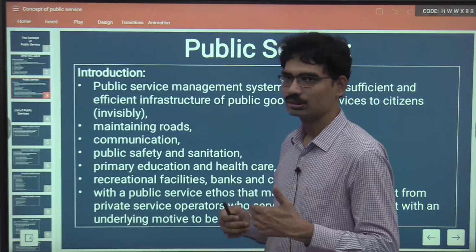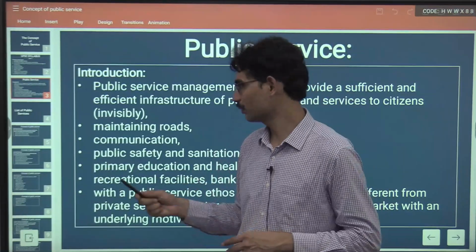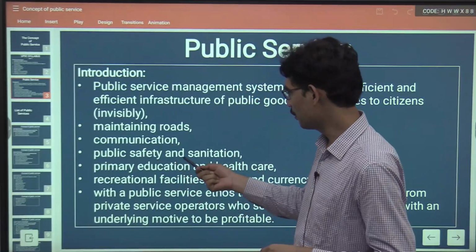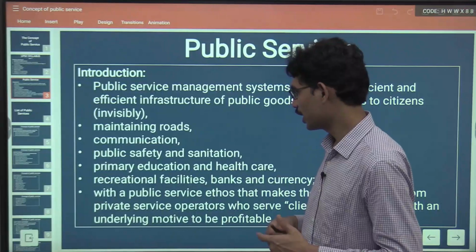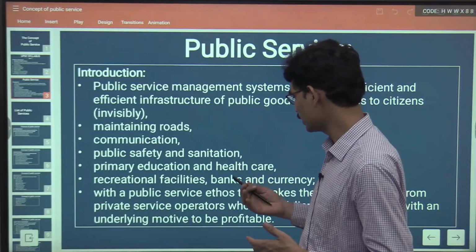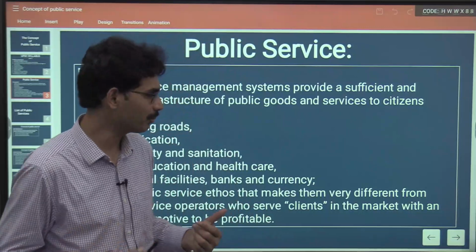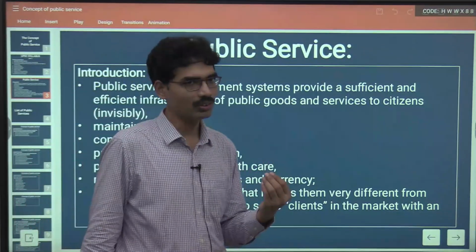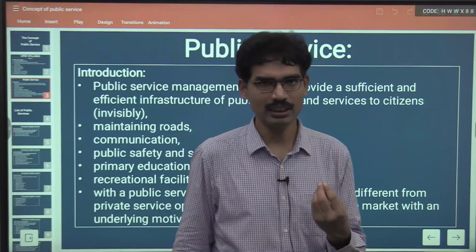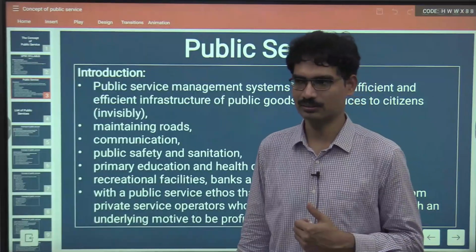Maintaining roads is one example of public service. Communications, public safety, sanitation, education, recreational facilities, banking service, currency service. So these are various examples of public service. Without these services, running the country becomes very difficult.